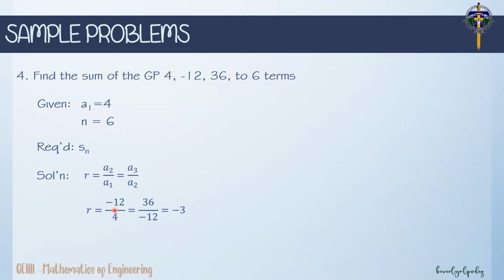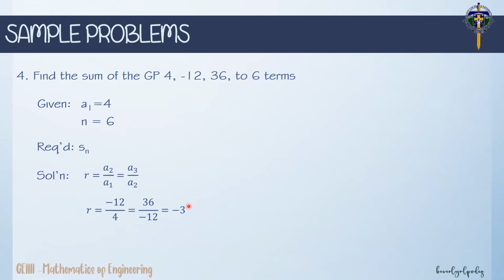Negative 12 divided by 4 is negative 3. Likewise, a3 is 36. The third term, 36, divided by the second term, which is negative 12, is negative 3. So this is now our ratio.